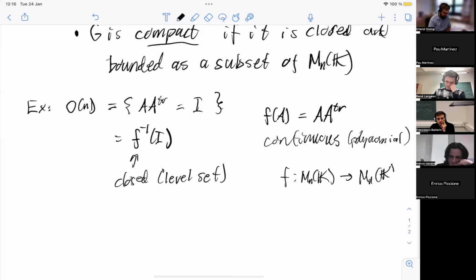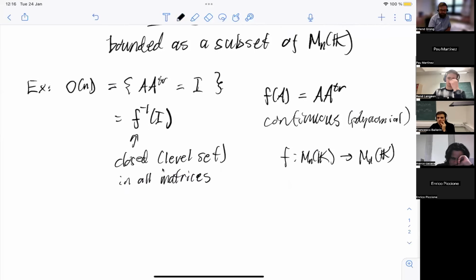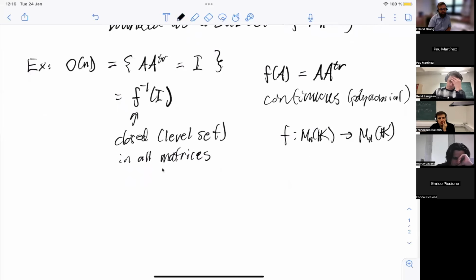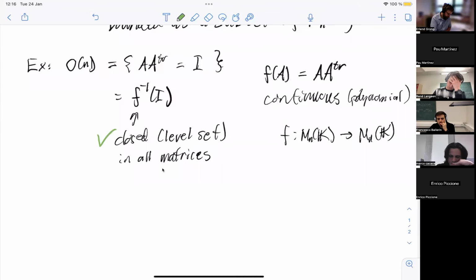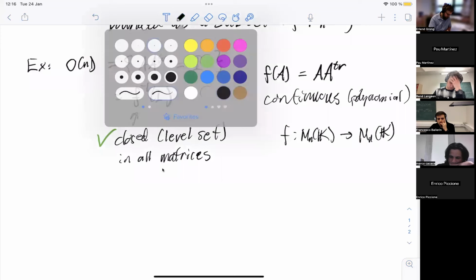So it's a closed subset in all matrices. So we have the first part here, it's closed. We can put a green check mark here.